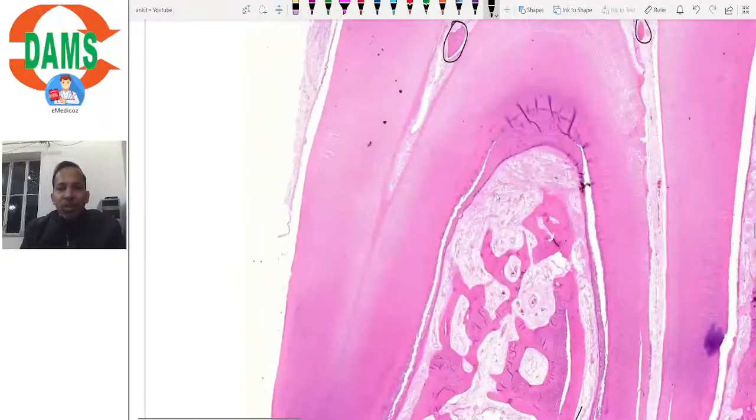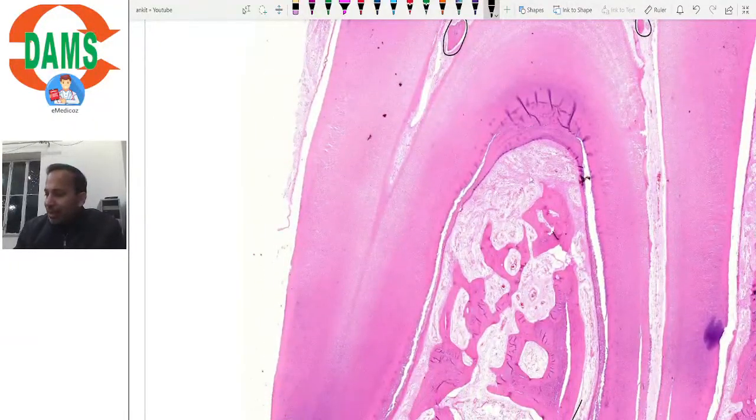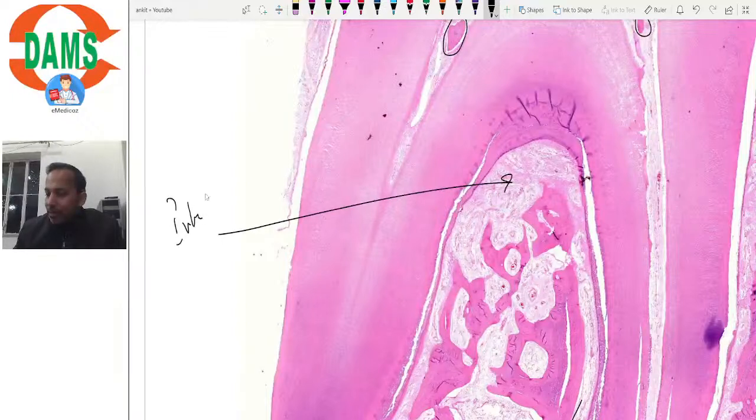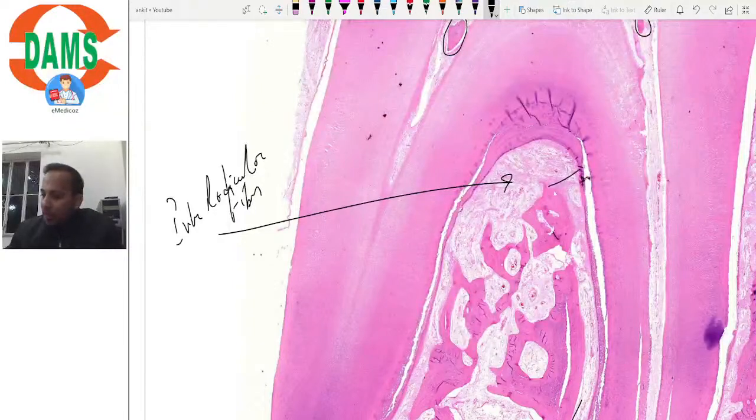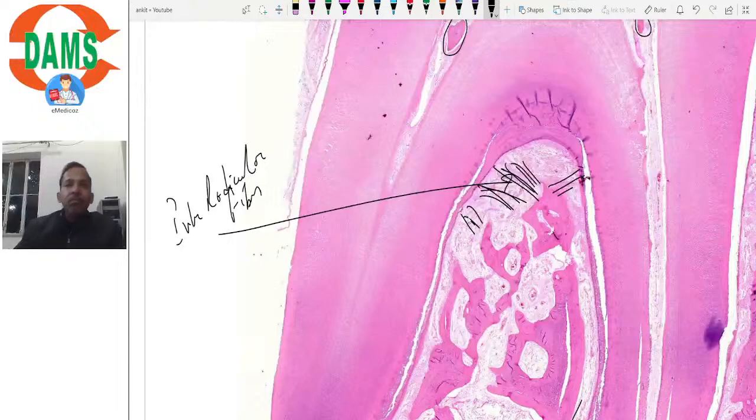So what else do you notice here? Can you notice the interradicular fibers? These are interradicular fibers. Notice how they radiate from the interradicular region towards the root.